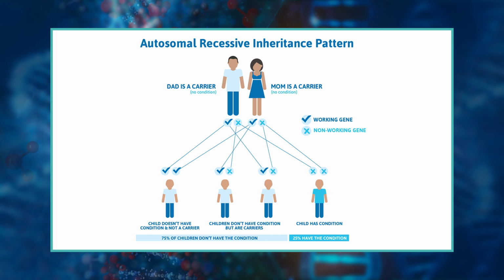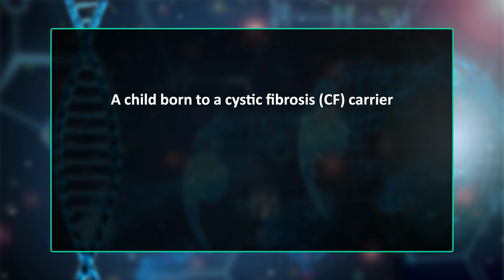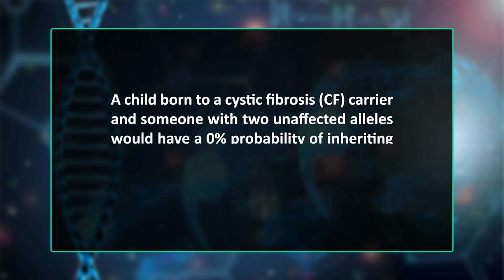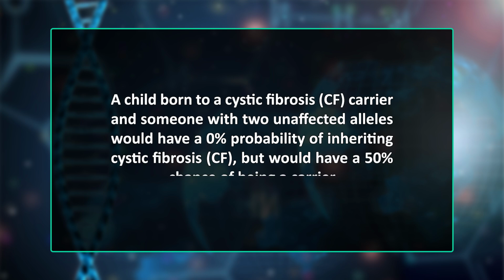The pattern is shown in the diagram that tracks likely incidence of an autosomal recessive disorder on the basis of parental genotypes. On the other hand, a child born to a cystic fibrosis carrier and someone with two unaffected alleles would have a 0% probability of inheriting cystic fibrosis but would have a 50% chance of being a carrier.